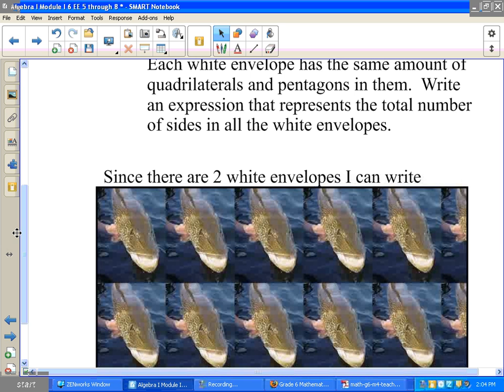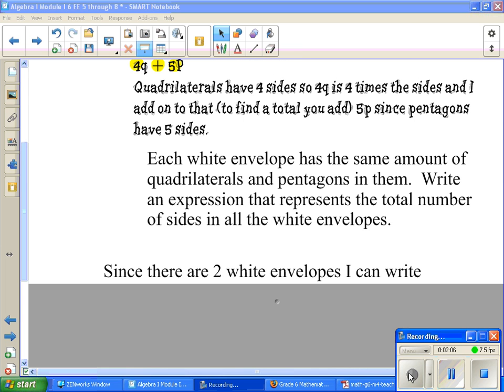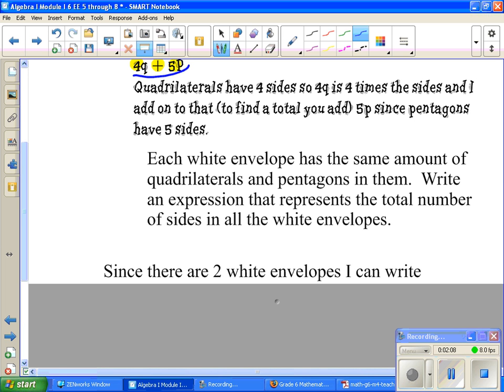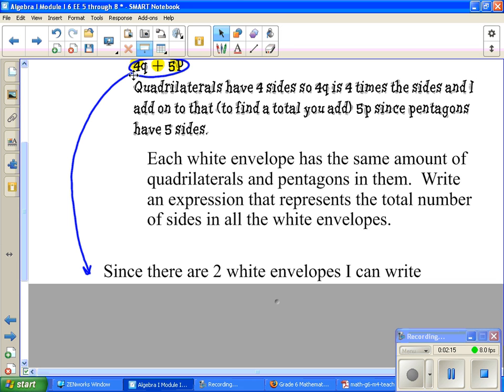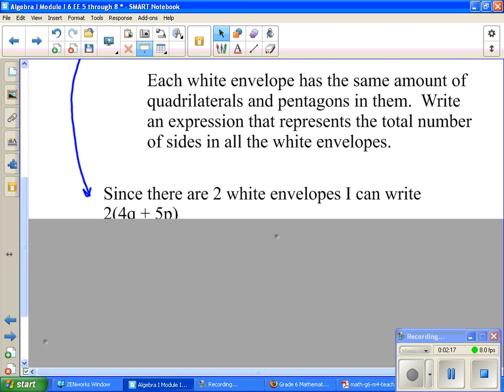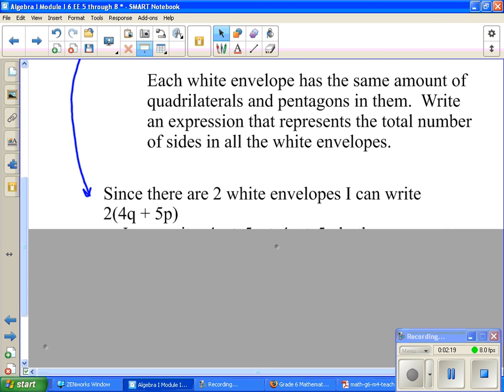So, since there are 2 white envelopes, I can write, here was the original equation. Since there are 2 white envelopes, I'm going to take that original equation and I'm going to say there are 2 of those.